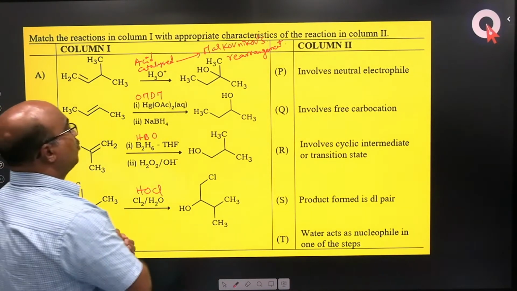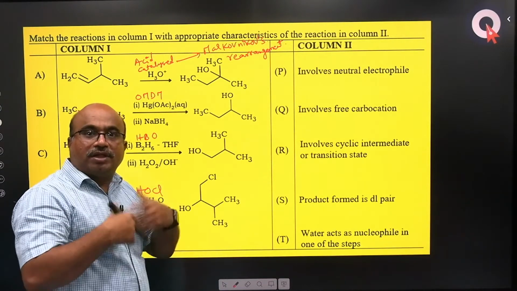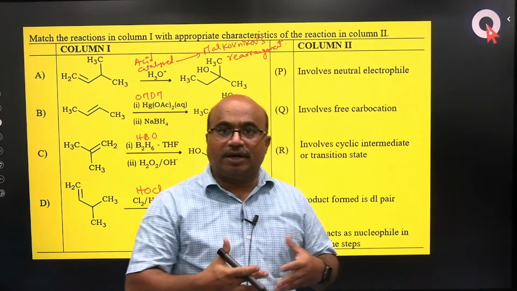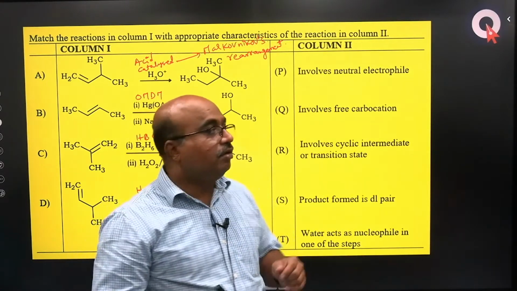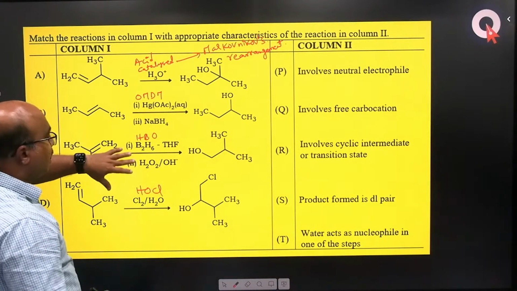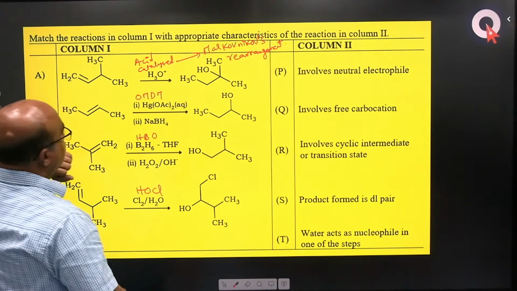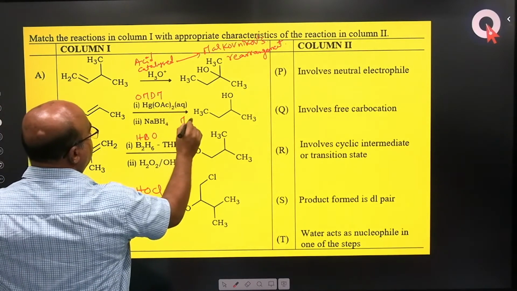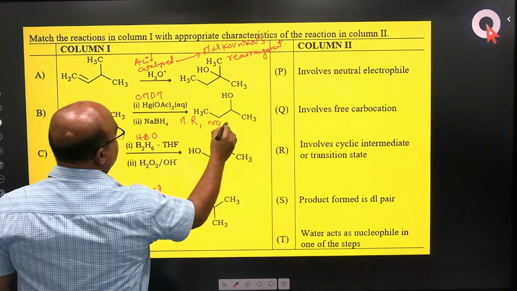So formation of carbocation will be there. After that, that carbocation can rearrange, because a pure carbocation we are getting there. But here we are getting cyclic intermediates. So this one is Markovnikov, MR, but no rearrangement.